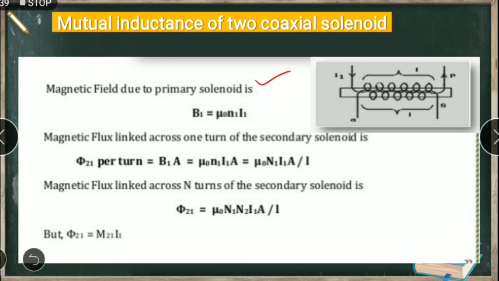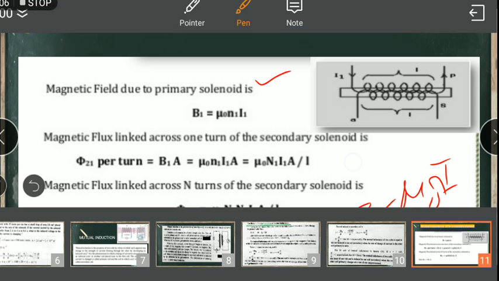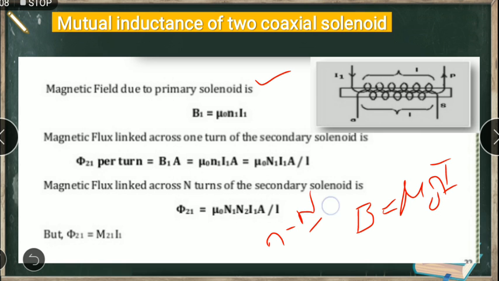Let the field B1 be equal to mu naught N1 I. That is from the solenoid formula, B is equal to mu naught n I. In the previous derivation I used capital N by L. You can use either one, but you should know the relation: small n is equal to capital N by L. You should remember that concept.